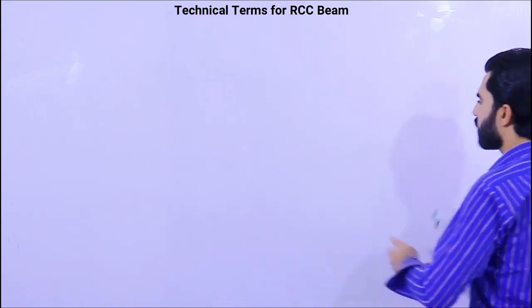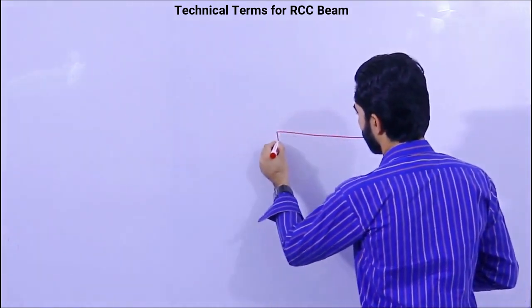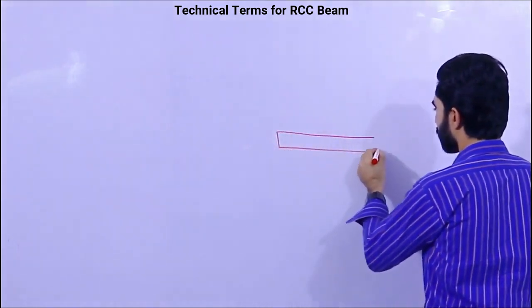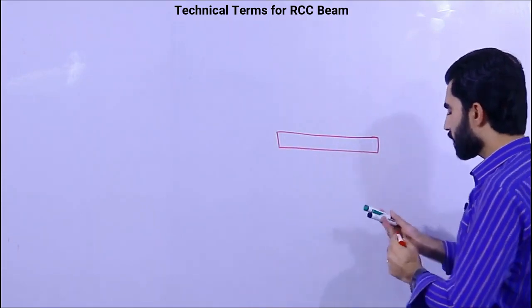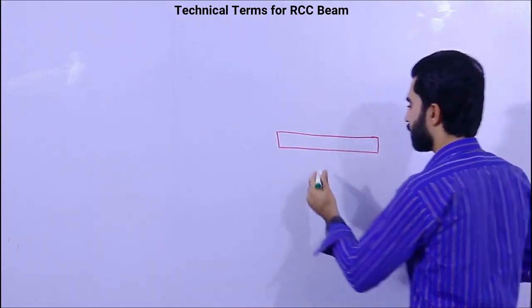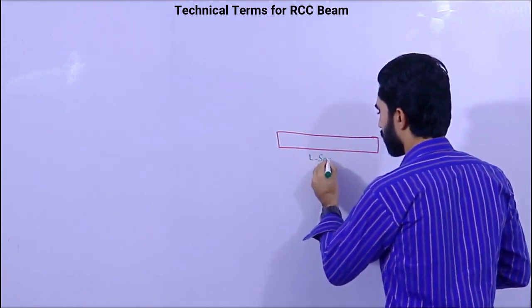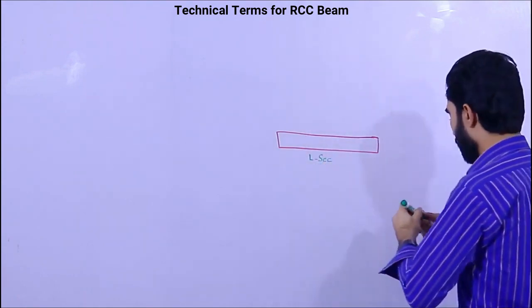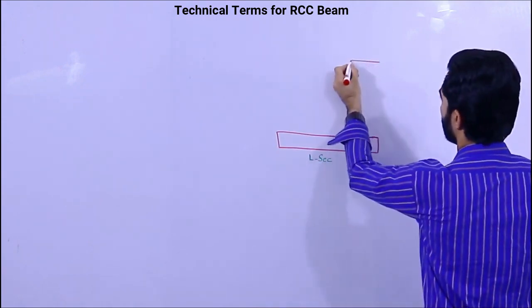Suppose guys, this is a plinth beam. Okay, so this is the long section of the plinth beam. And here you can see this is its cross section.